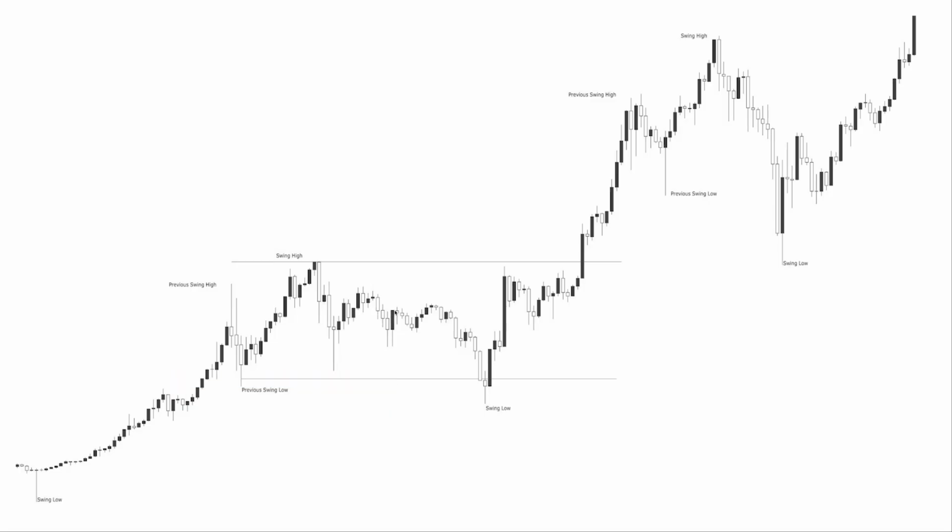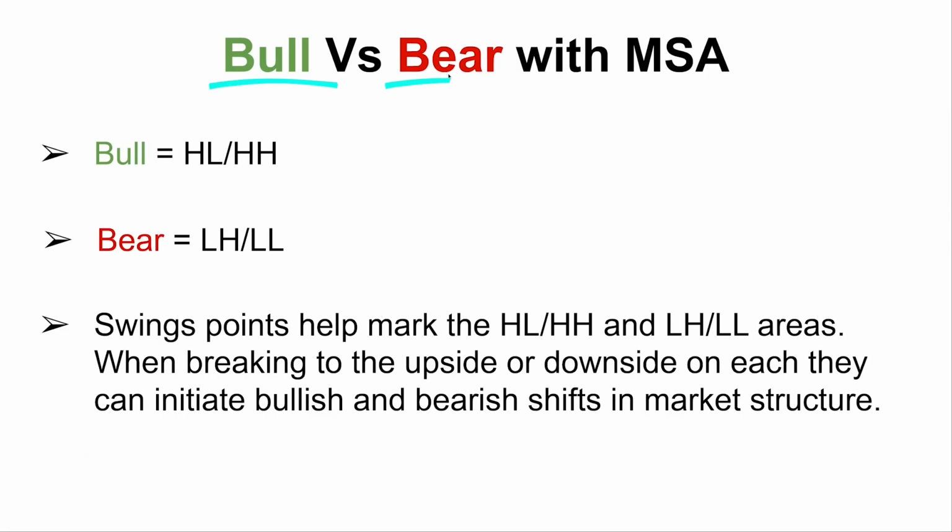Going forward, we're going to be discussing how this is either bullish or bearish and get into the similarities and differences of them. So bullish versus bearish market structure, or MSA for market structure analysis. Bullish is a higher low and a higher high. We just saw that in the example we went over. Bearish is a lower high or lower low.